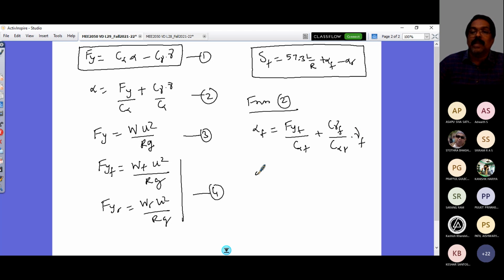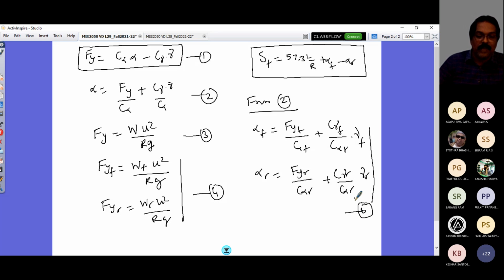That's one equation. And similarly, alpha R would be FyR by C alpha R plus C gamma R by C alpha R into gamma R. Let's call this equation set 5.